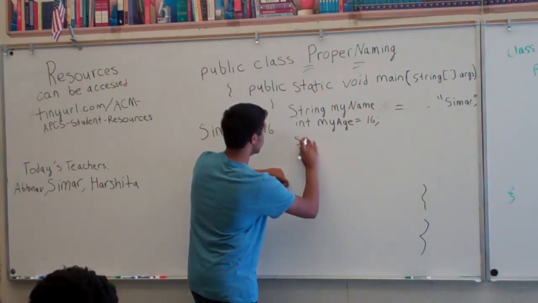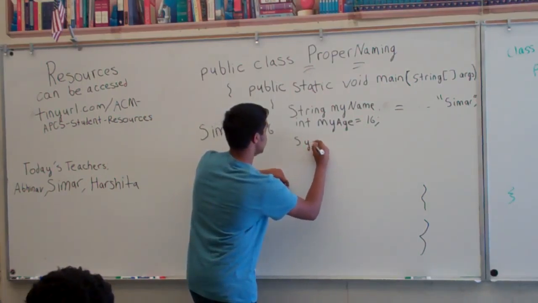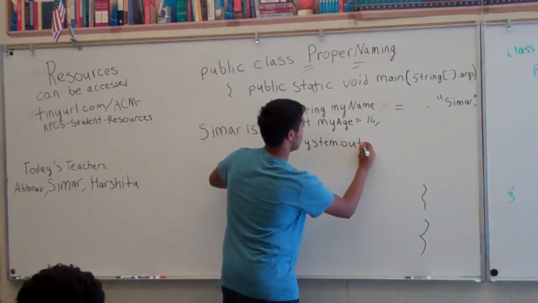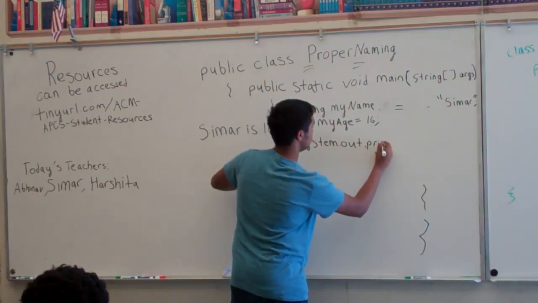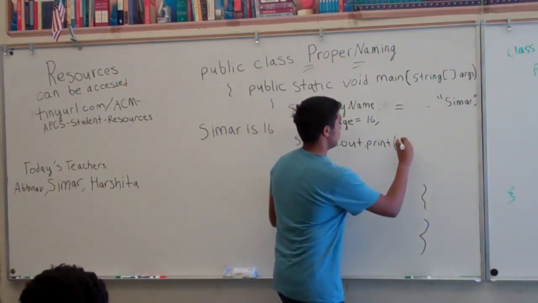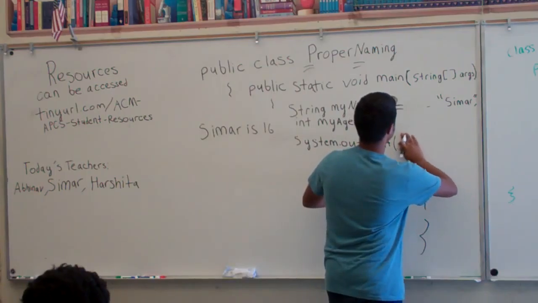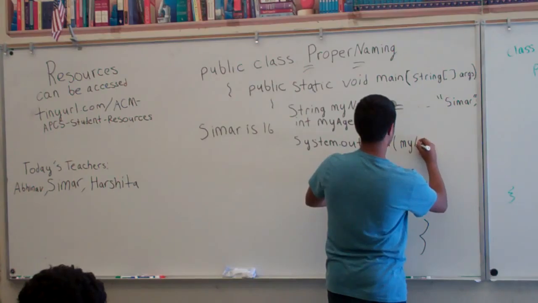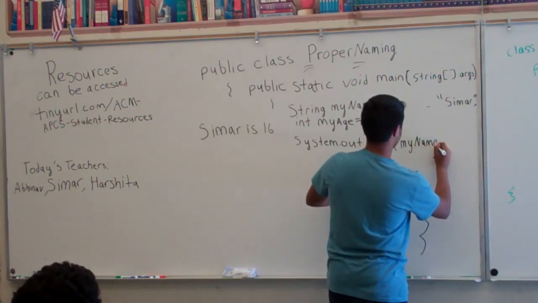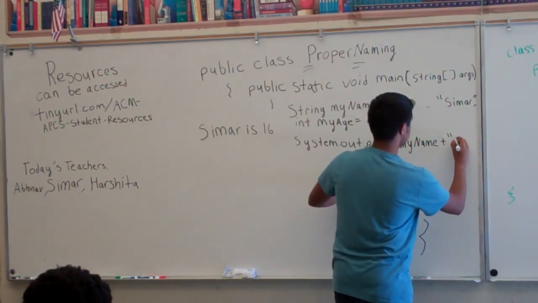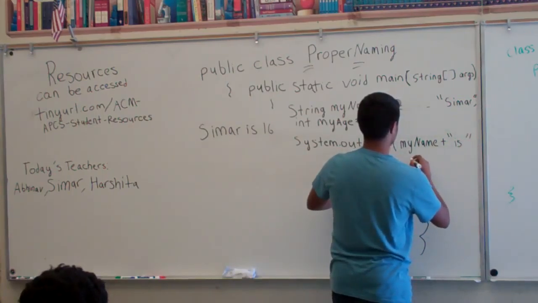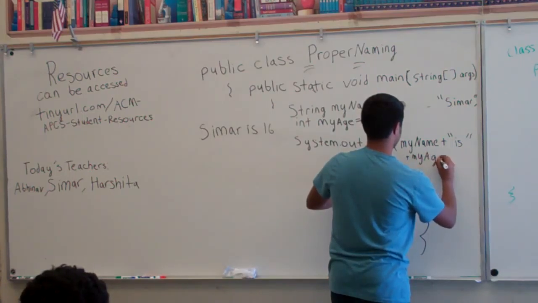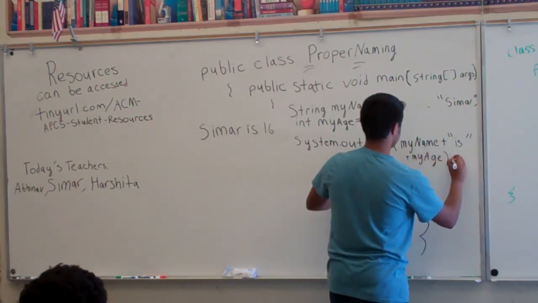So what I would do is System.out.print my name plus " is " plus my age. This should give you Simmer 16.